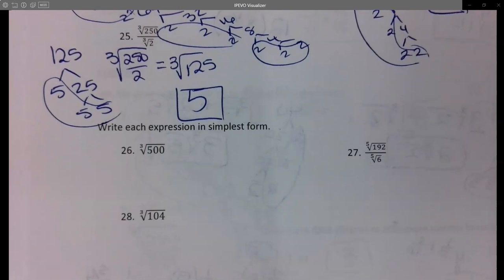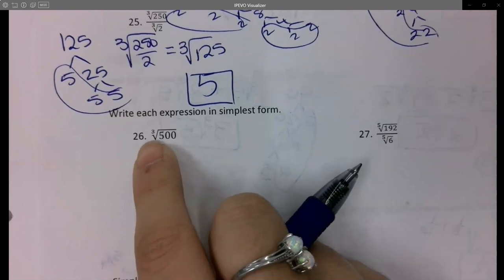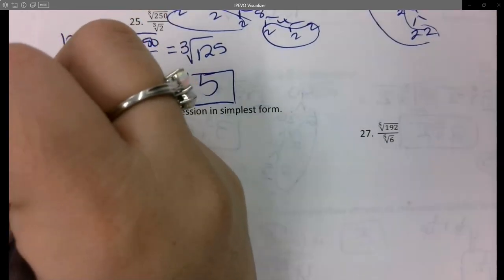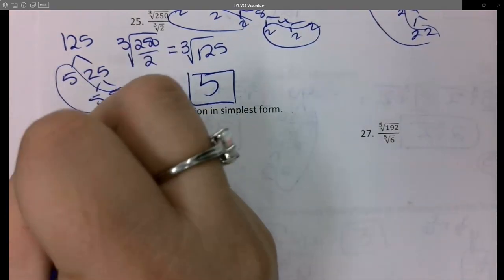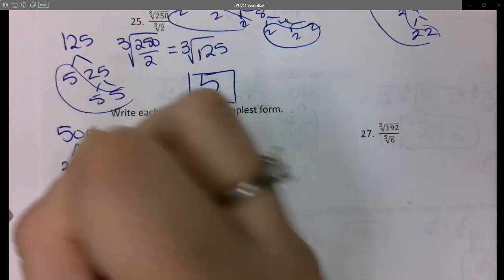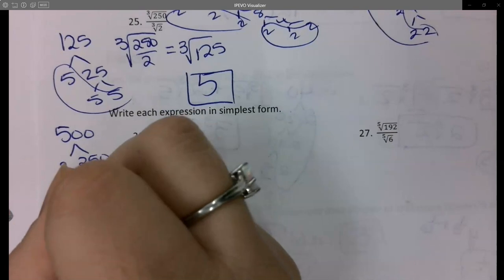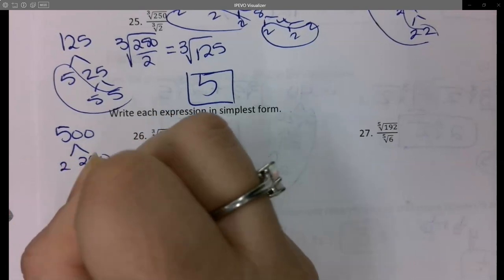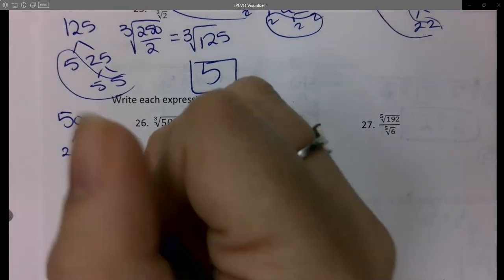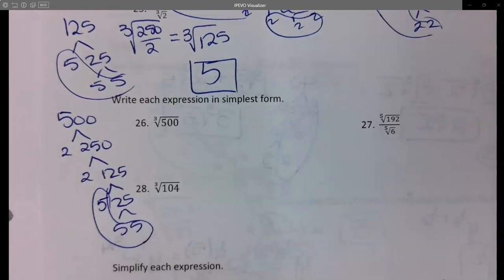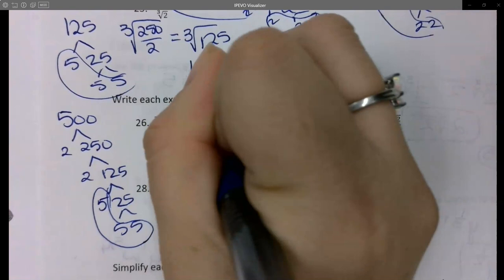Okay, number 26, I want the cube root of 500, so I'm going to factor tree 500, which is 2 and 250. 250 is 2 and 125. 125 is 5 and 25, and that gets me 5 and 5. I was looking for 3 of the same number, so 5 goes on the outside.